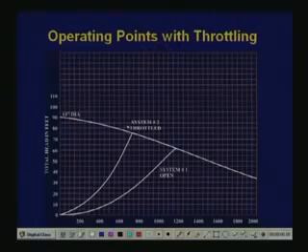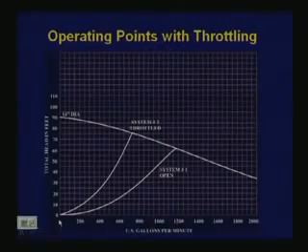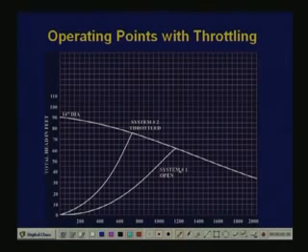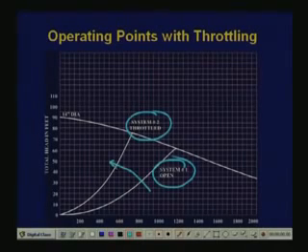So this shows how the operating point shifts if you have one system which is open, another system which is throttled. So again you see that the load curve changes and the operating points will shift from this to this, right.